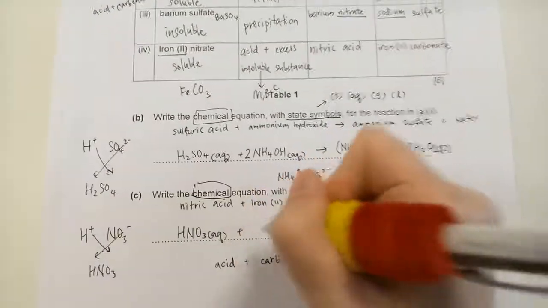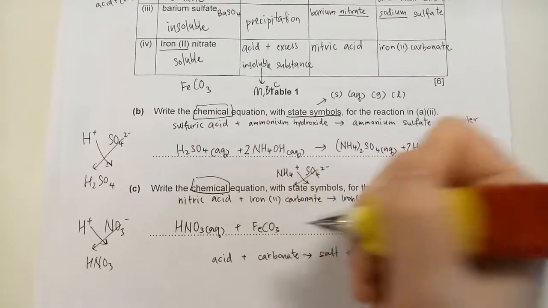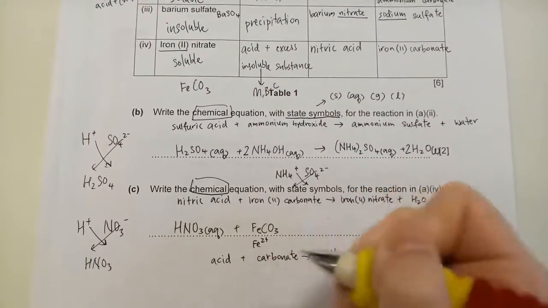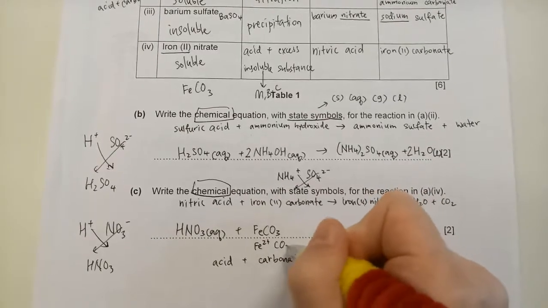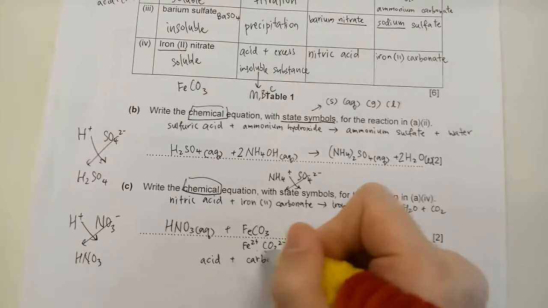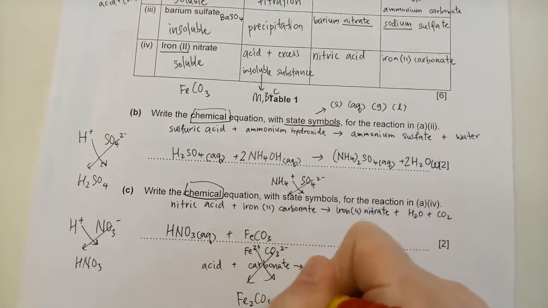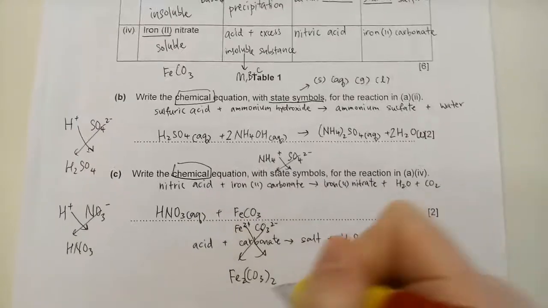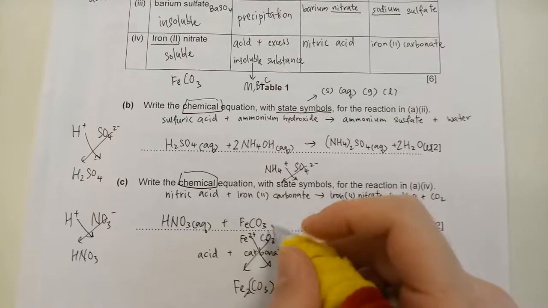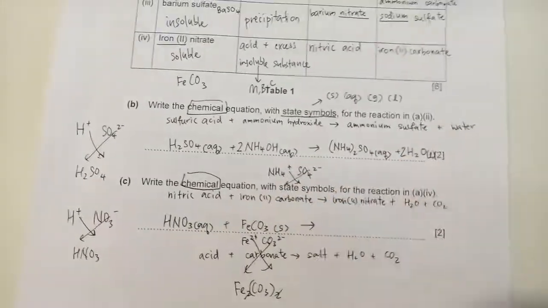Okay, then I'll plus my iron 2 carbonate. This will be Fe2 plus, this will be CO3 2 minus. So I cross, I reduce it to the simplest form. I can just cancel out these two. Okay? So form FeCO3, which is insoluble. So I put solid S.